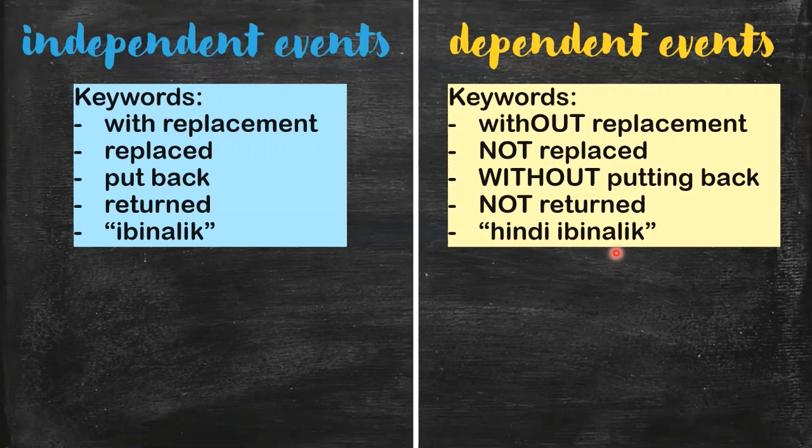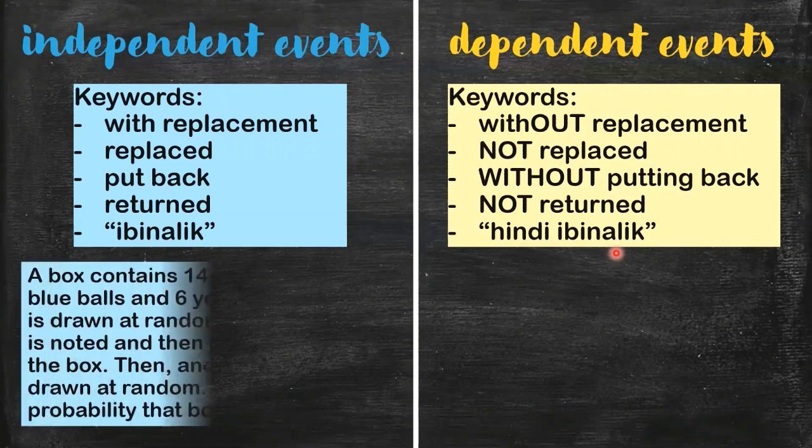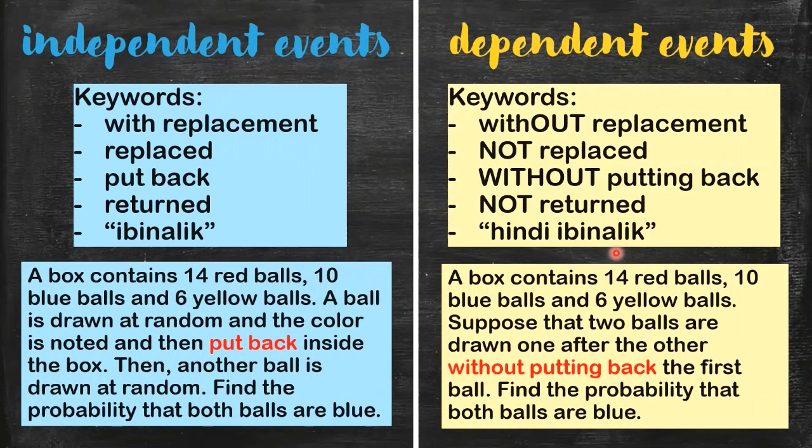Alright? Let me give you two examples here. If you read the problem, pareho silang box na merong 14 red balls, 10 blue balls, and 6 yellow balls. Pareho din na dalawang ball ang kukunin. But here, in our first problem, a ball is drawn at random and the color noted and then put back inside the box.